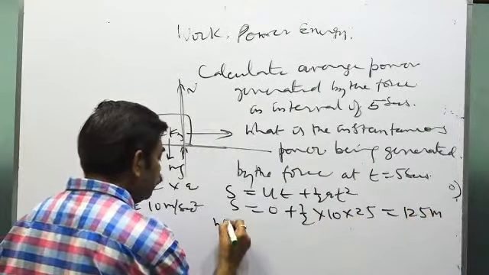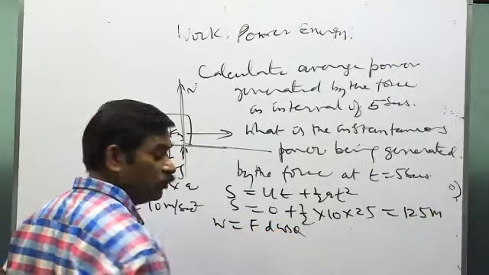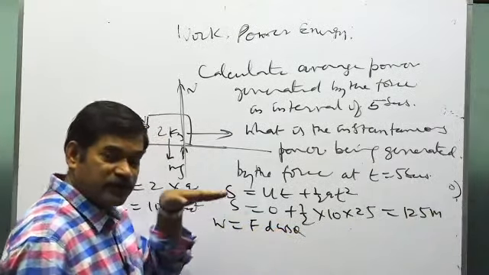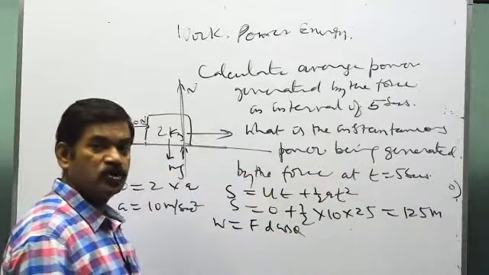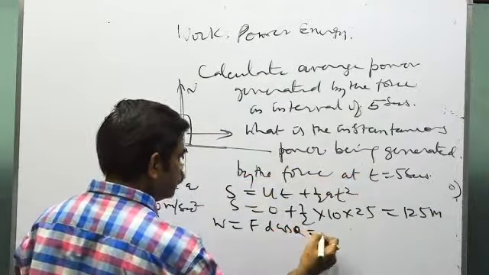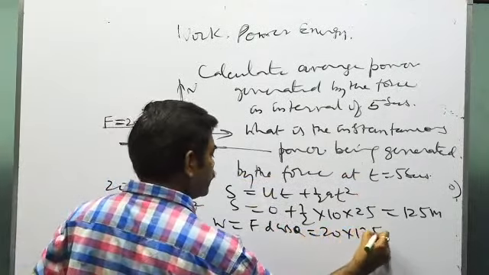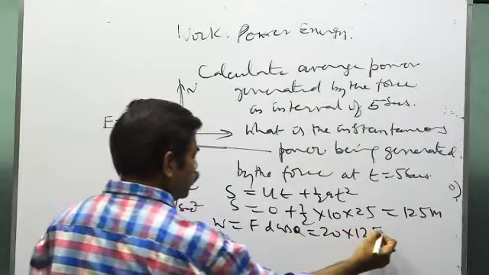So work done W in time 5 seconds is force into displacement into cos of 0, because here displacement is in the direction of force, so the angle between them is 0. Cos 0 is 1. Force is 20, displacement is 125, cos 0 is 1.